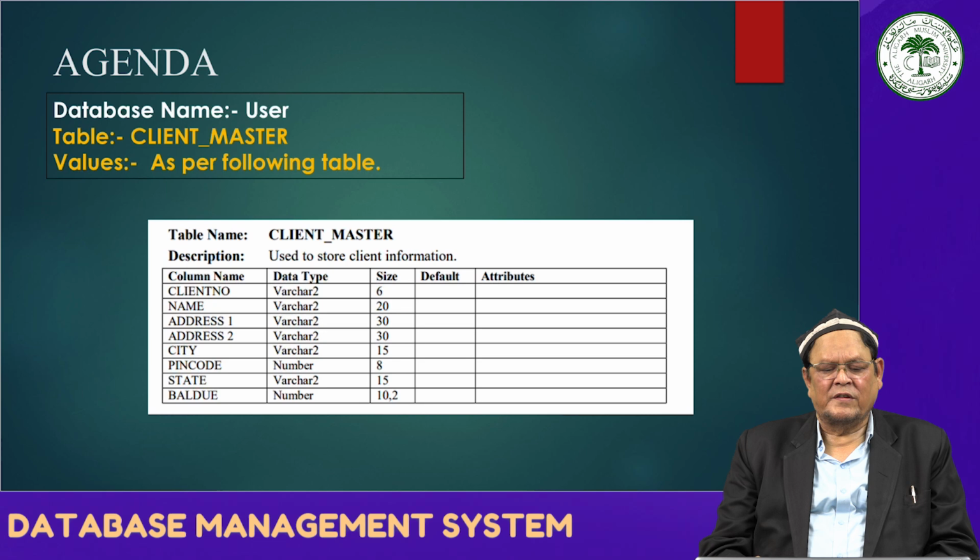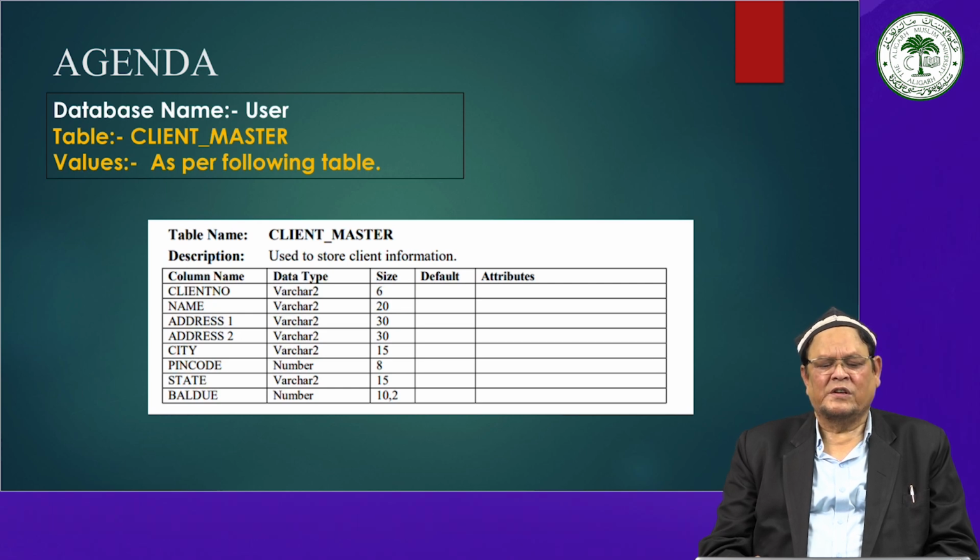The table name is client master and the description is client information system. There are a few attributes, or you can say columns, which contain client name, client number, address 1, address 2, PIN code, and city, state, and balance value.